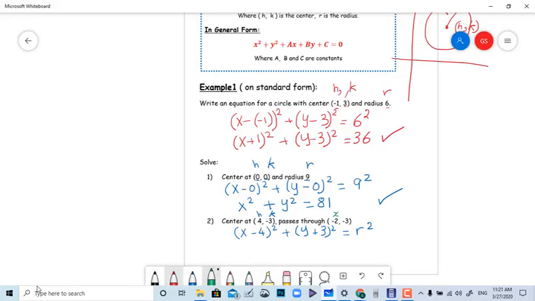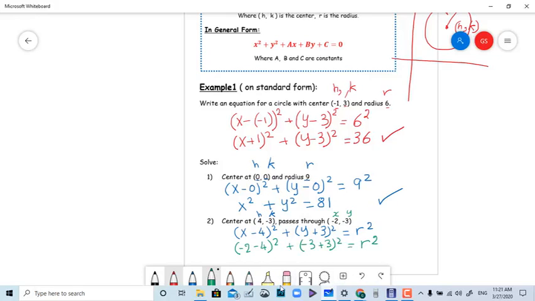We're going to consider that this is x and this is y. Why are we going to do that? In order to find r. We begin by opening our bracket: (-2 - 4)² + (-3 + 3)² equals the r squared that we want to find.